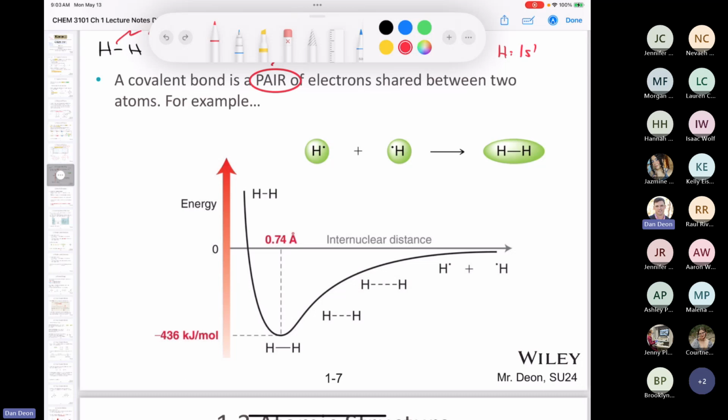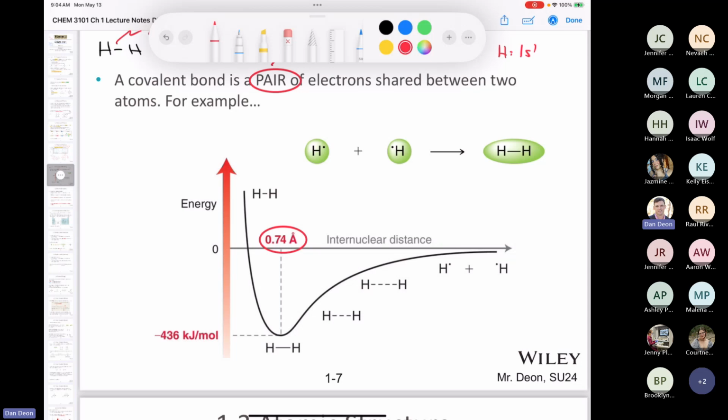Okay, so again, what's going to happen is the hydrogen atoms are going to get closer and closer until they achieve this special distance, an internuclear distance of 0.74 angstroms. So there's exactly 0.74 angstroms between the two nuclei, and it releases 436 kilojoules for every mole of hydrogen molecules that are formed.